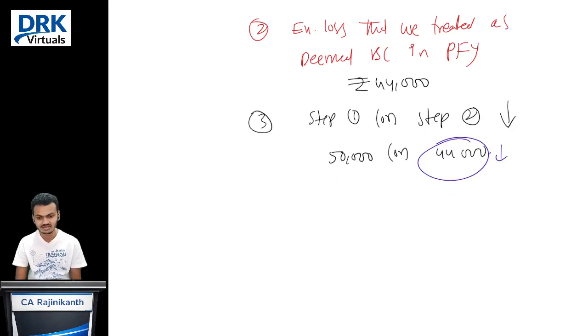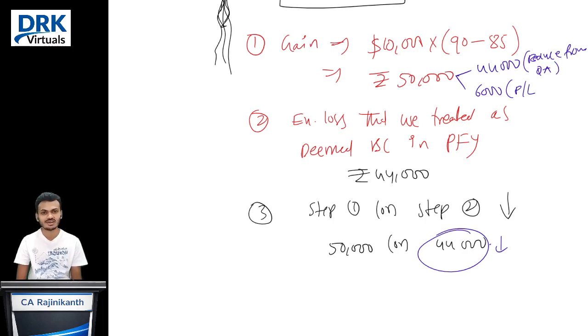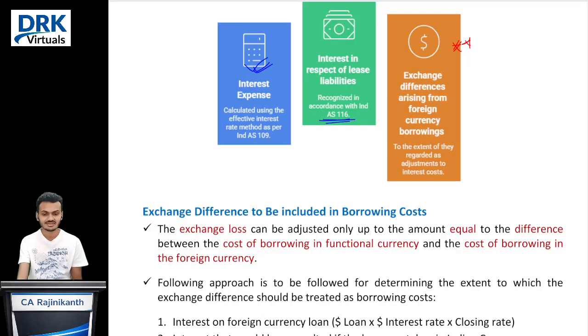So out of this 50,000 gain, 44,000 rupees you reduce from the cost of the qualifying asset, and the remaining 6,000 you recognize as gain in the profit and loss account. That is what the standard is saying. I expect you have good clarity with this topic, right?